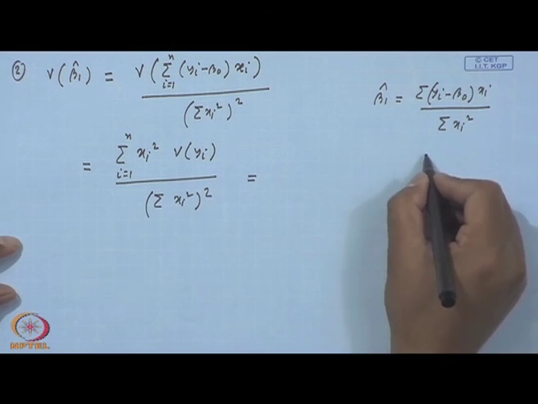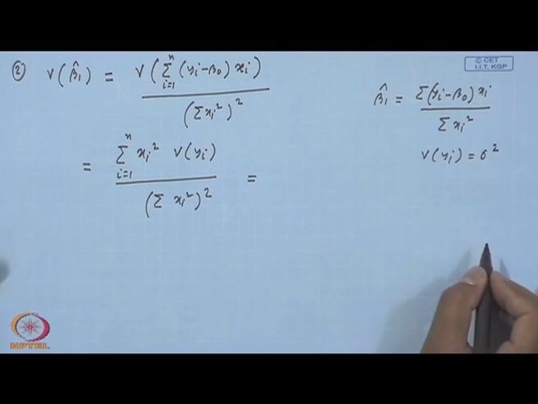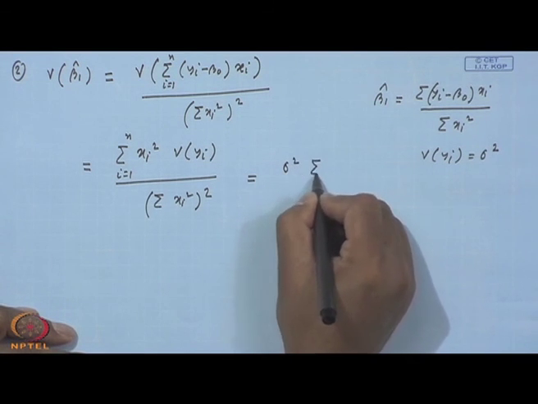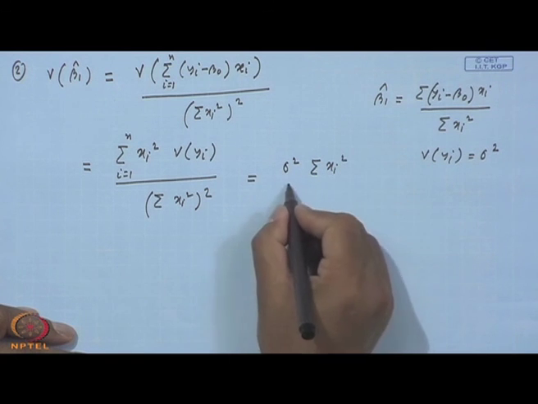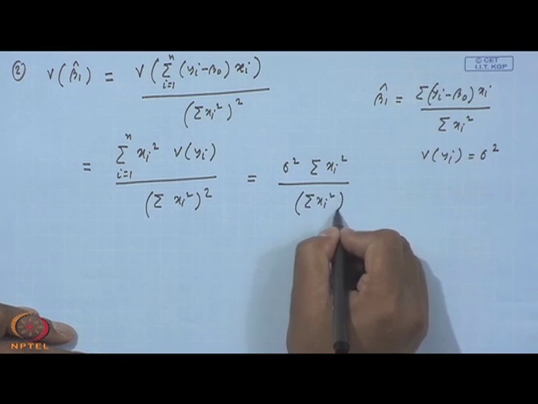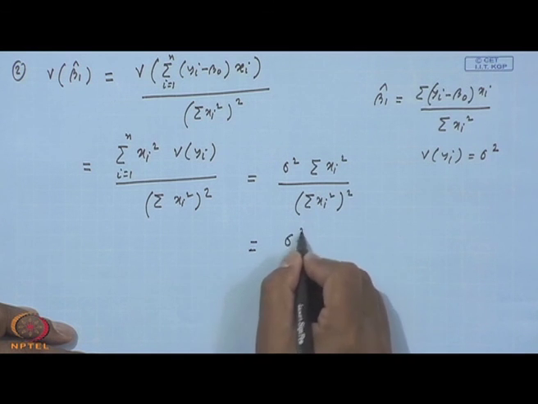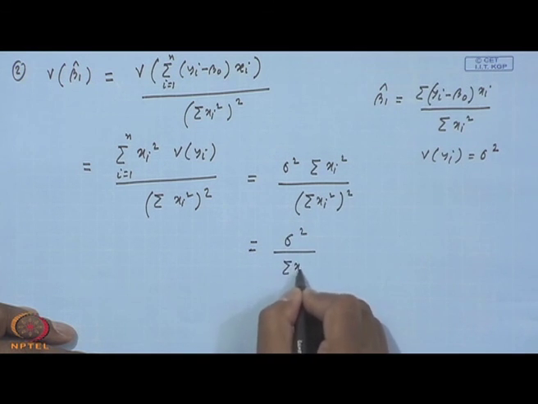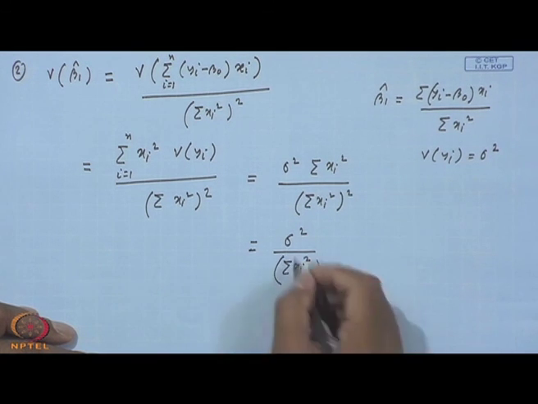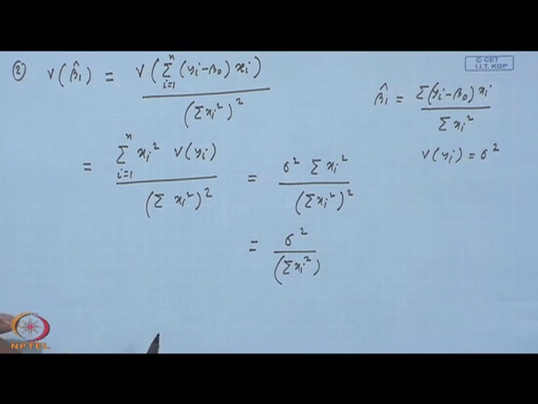And variance of y I, we know, is equal to sigma square. So, we can put the sigma square into x I square by summation x I square whole square. So, this is equal to sigma square by summation x I square. Right. So, this is the variance of beta 1 hat.